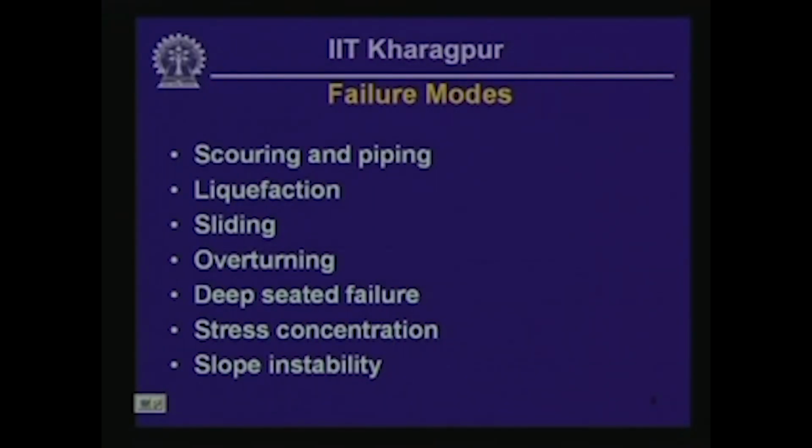That is another failure mode. There is another failure mode called overturning failure. In this case, because of the lateral pressure, the dam tries to tip over towards the downstream side by supporting its weight at the toe of the dam.